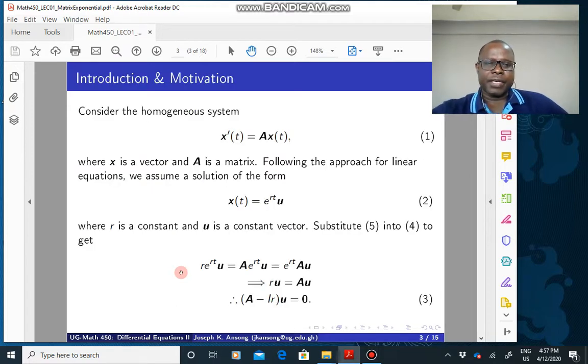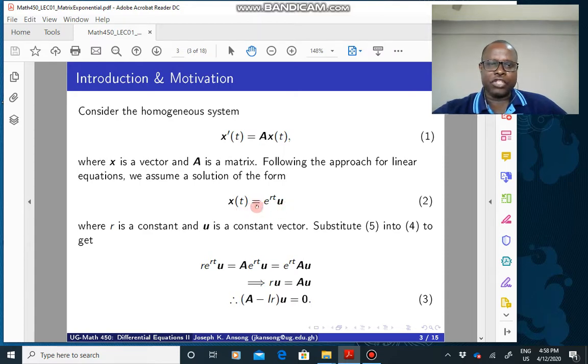So here's an introduction. Consider the system x prime equals Ax, where x is a vector and A is a matrix. If you follow the approach for linear equations, you can assume a solution of the form e to the power rt multiplied by a vector u.